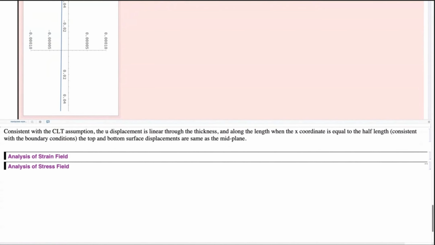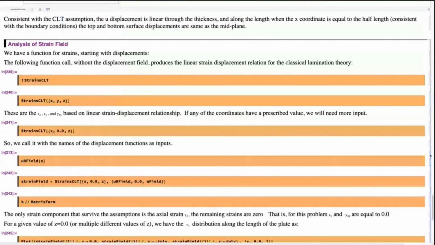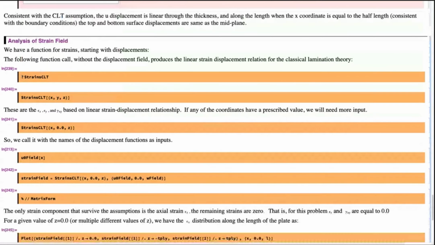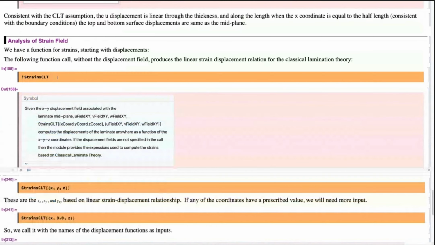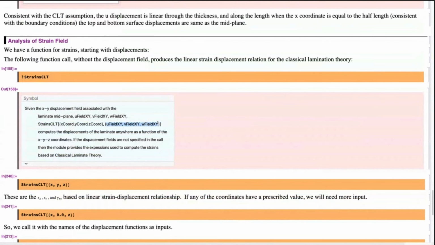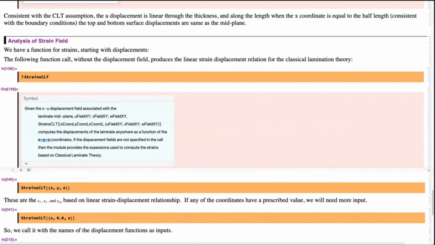I can also compute strains from this. I have a module called strain CLT. If you want to look at it, it takes the UVW field of the midplane as a function of x and y, and produces the strain as a function of x and z, y and z coordinates.